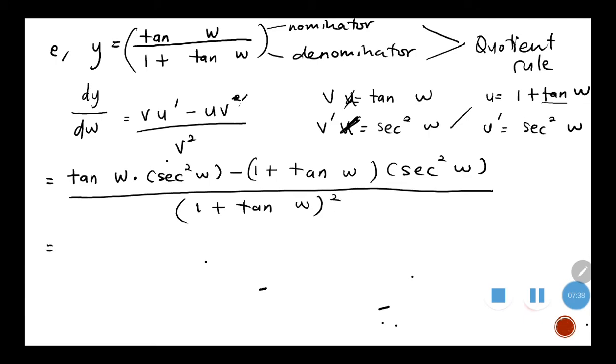And now what can we put together from this part here?